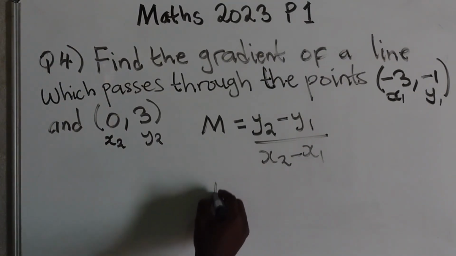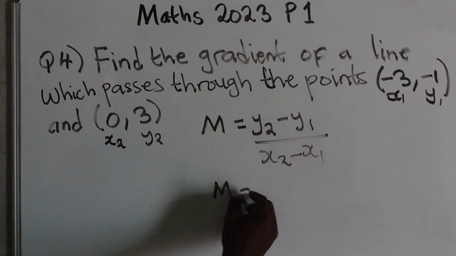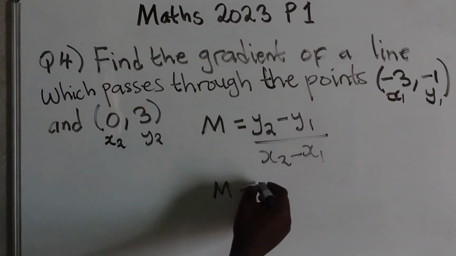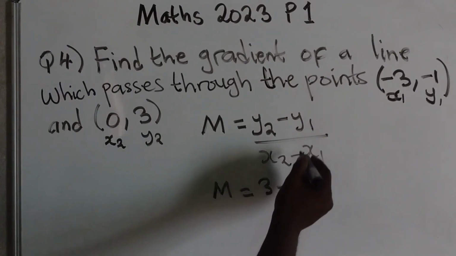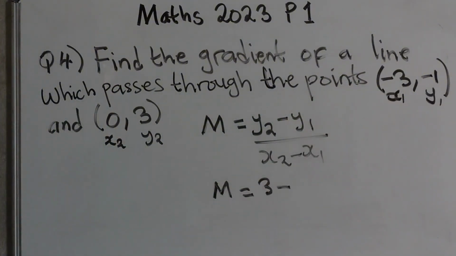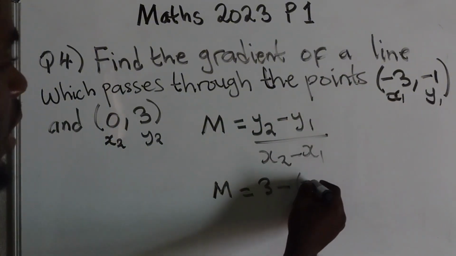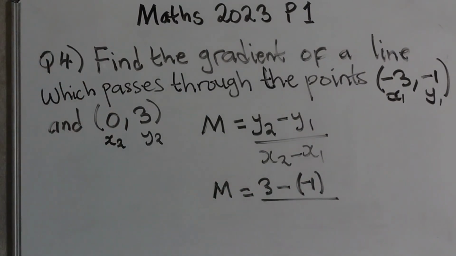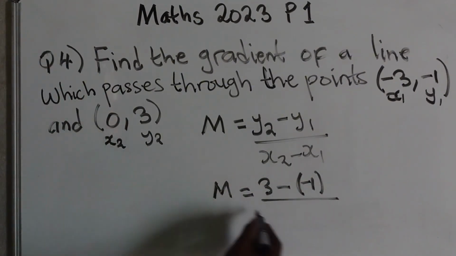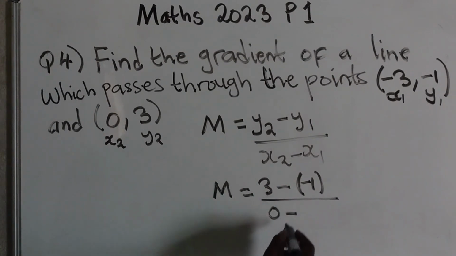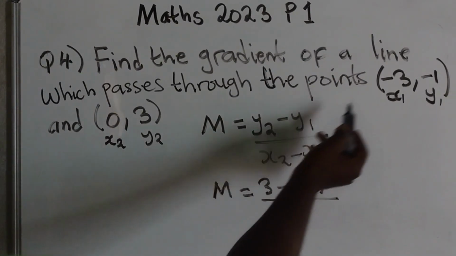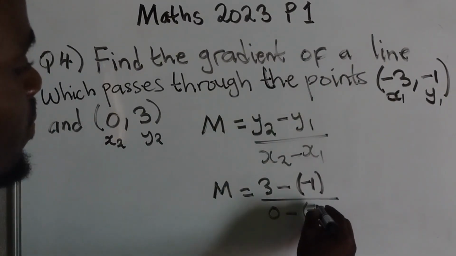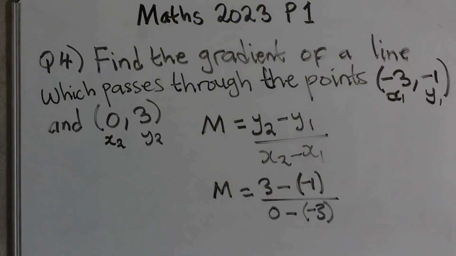Gradient is equal to y2, which is 3, minus y1, which is negative 1, so you say negative 1 in brackets, over x2, which is 0, minus x1, which is negative 3. You also put it in brackets like that. I hope we are moving together.